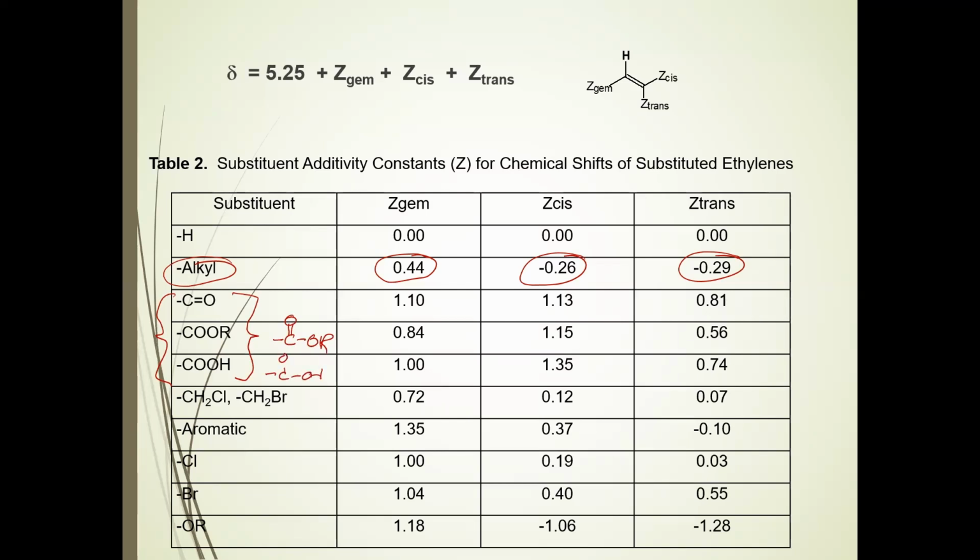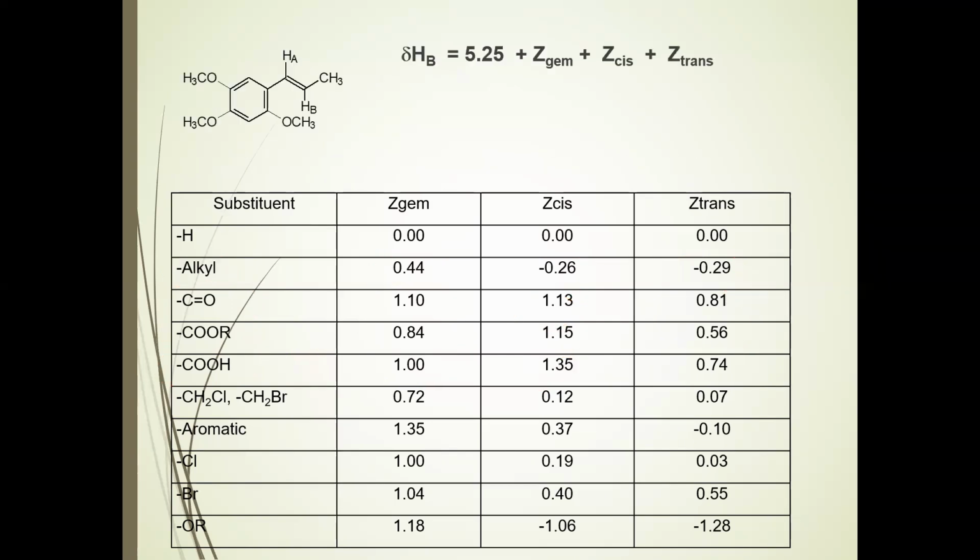And it's important to recognize that when you're doing your calculations that you're using the right one, because these values can be quite different. These are fairly similar, but the acid's very different, but then trans is very different. So make sure you're using the correct one when you're doing your calculations.